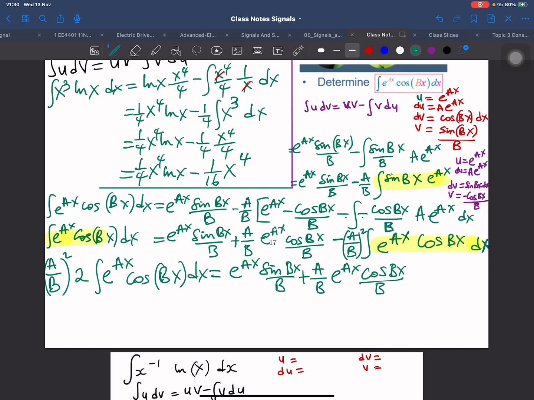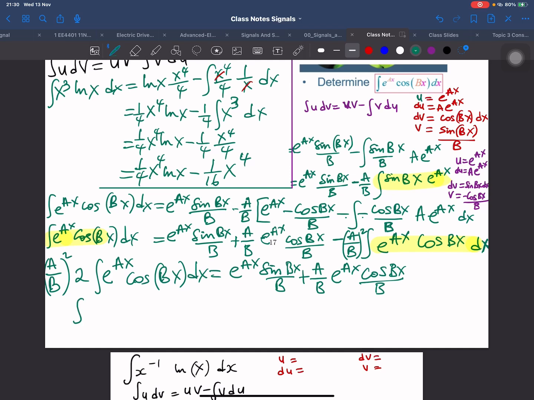So now to get the correct value, you have to multiply both sides by b over a squared, half b over a squared. So if you add it to both sides, you now have this one will become free now.